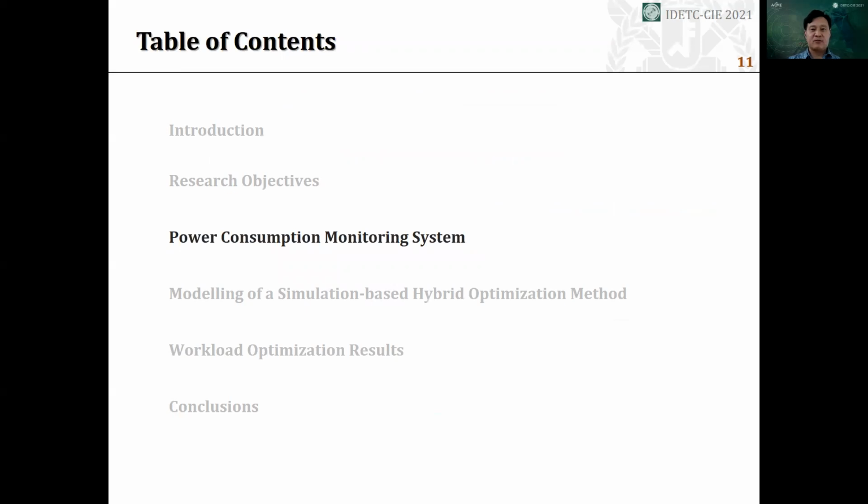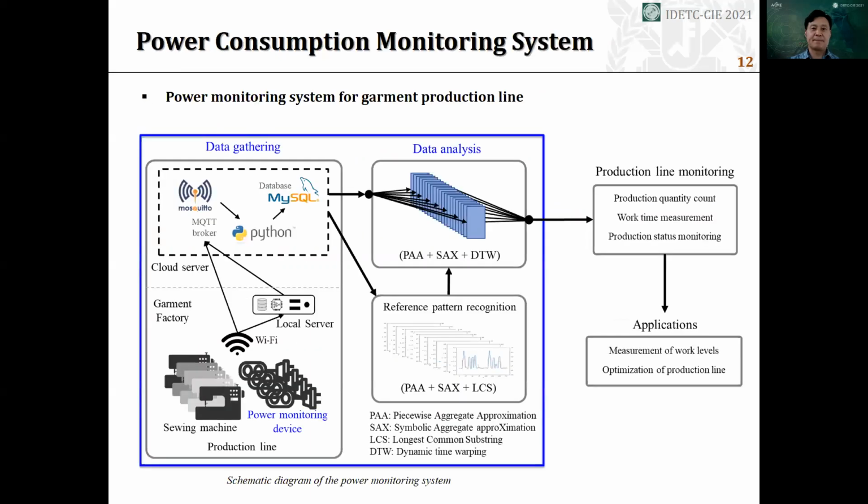Next, I would like to briefly introduce the power consumption monitoring system developed in this study. The system consists of a data gathering part and a data analysis part. To collect sewing data, a power monitoring device was developed and connected to each sewing machine.